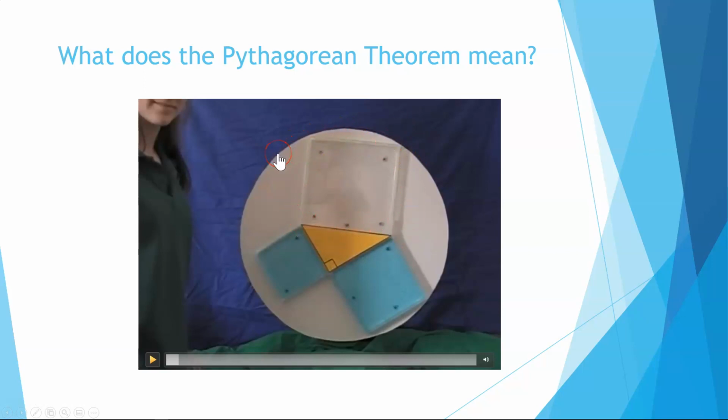So what this video is going to show you is that these two areas right here, if you add them together, will exactly equal the area of this square. So what has been done is these are filled with water, and we're going to show you that these two added together is exactly equal to that one.